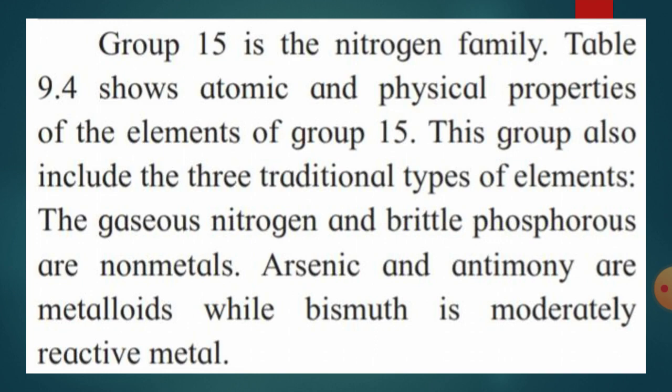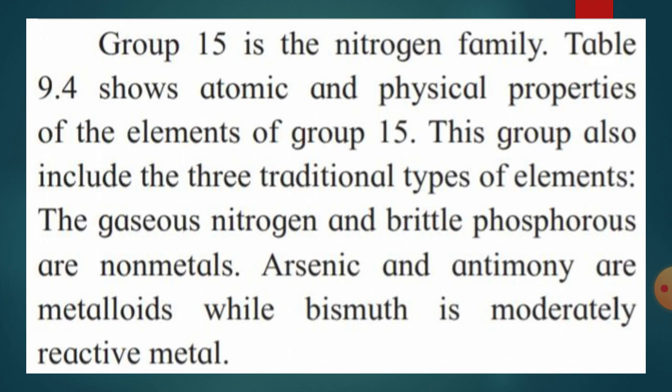The gas nitrogen and brittle phosphorus are non-metals. They are the first two elements, nitrogen and phosphorus, which are non-metals, while arsenic and antimony are metalloids and bismuth is a metal. So all three traditional types of elements are present in group 15, in which nitrogen and phosphorus are non-metals, arsenic and antimony are metalloids, while bismuth is a metal.